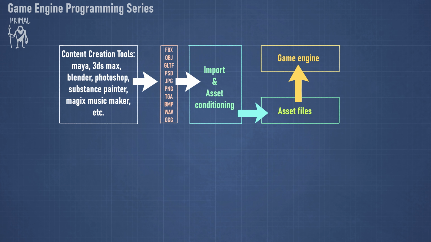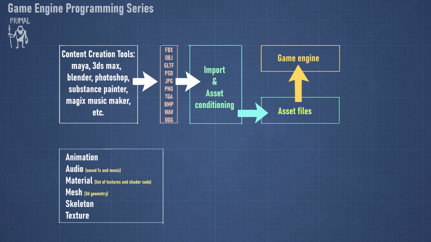In Primal Game Engine, we will have the following asset types: animations, audio, which can be sound effects or music, materials, which are basically a collection of textures and shader code to be run on the GPU, meshes, skeletons, and textures. Some parts of the asset pipeline are of course used by all types of assets, but the import and asset conditioning is mostly unique for each asset type.